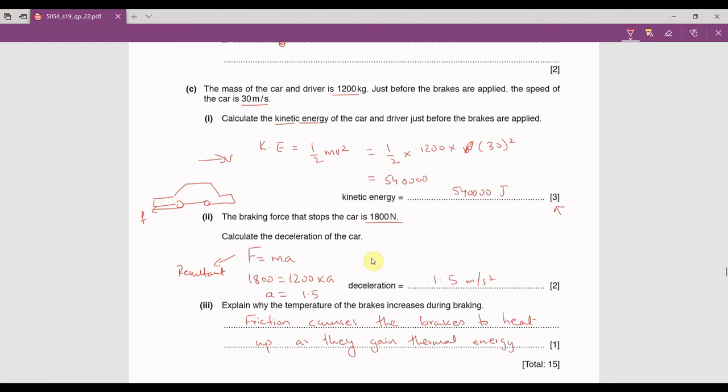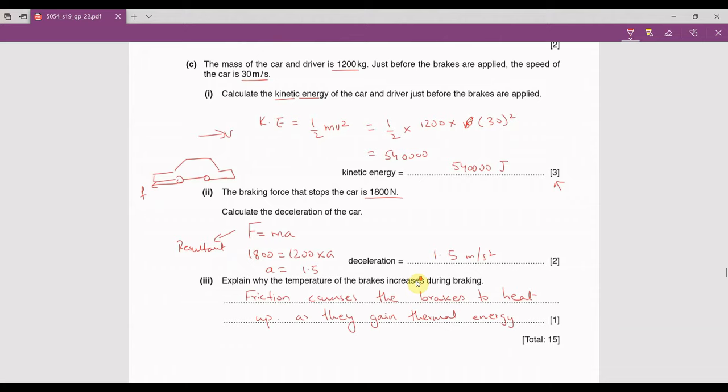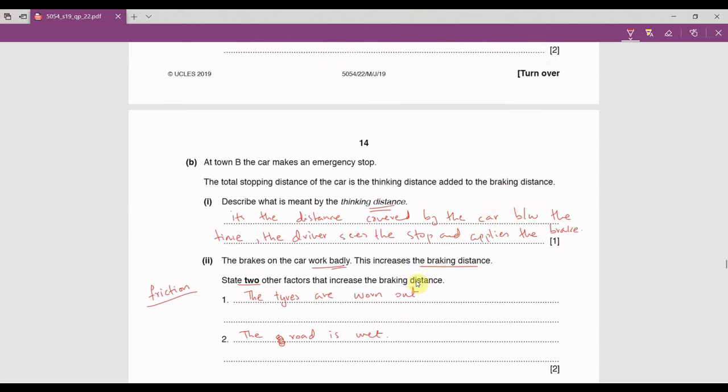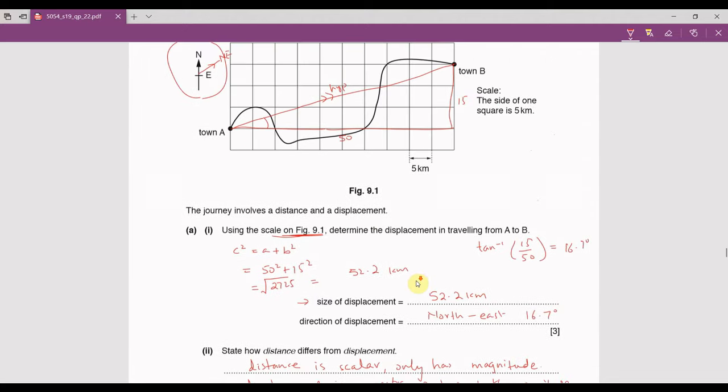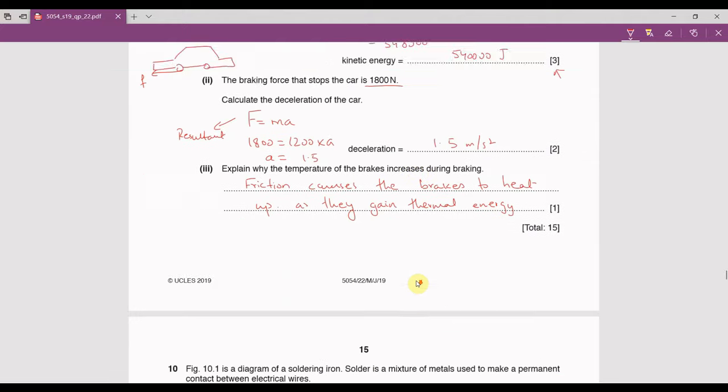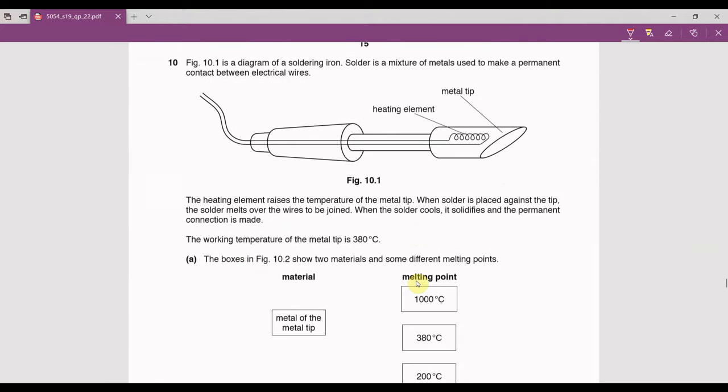So whenever there is friction between two objects, it's definitely going to result in some form of heat, and that's what is happening here. So this was a very straightforward and simple question, really easy. Should be able to get full marks in this one.